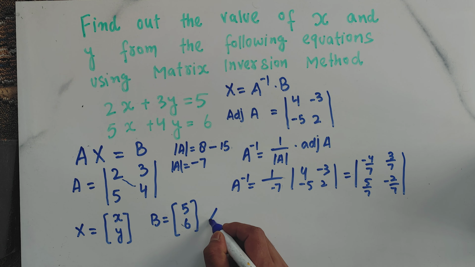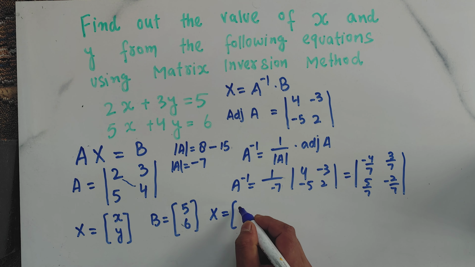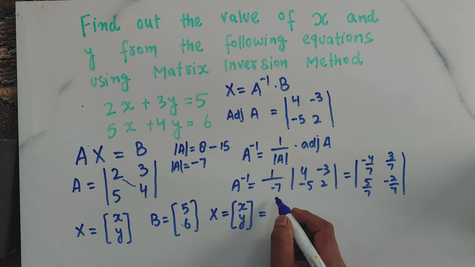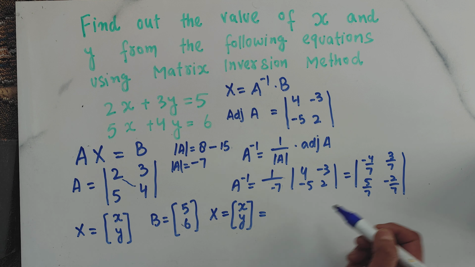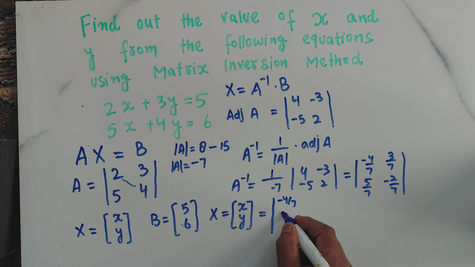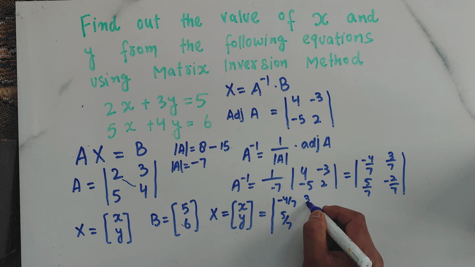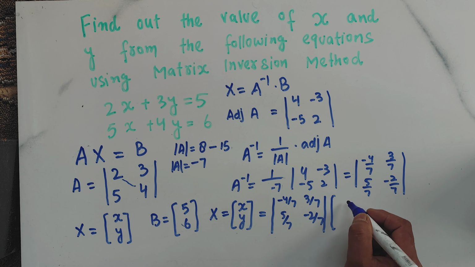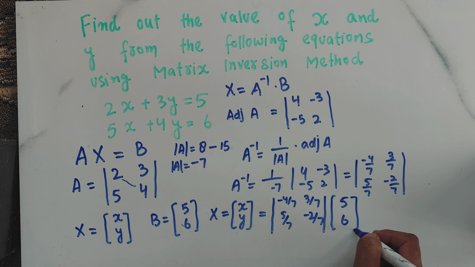Now what is X? X is our solution vector, whose values we are trying to find out. It is equal to A inverse, which is -4 upon 7, 5 upon 7, 3 upon 7, -2 upon 7, multiplied by the vector of constant terms, that is 5 and 6.